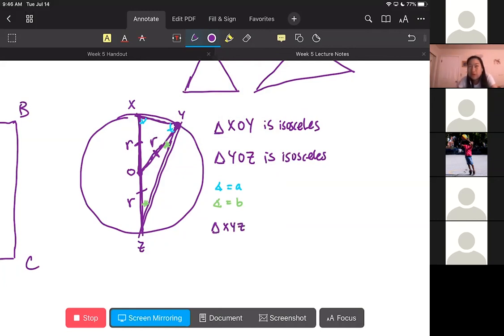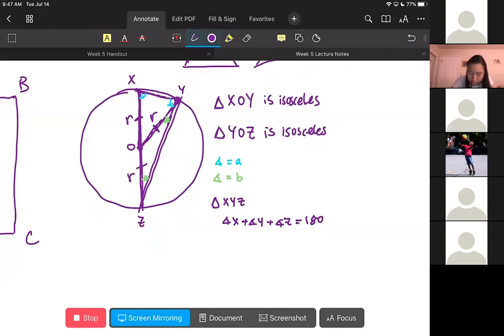So what do we know about the sum of the angles in a triangle? They equal 180 degrees. Right, yeah. So the sum of the angles of XYZ, angle X plus angle Y plus angle Z equals 180 degrees.